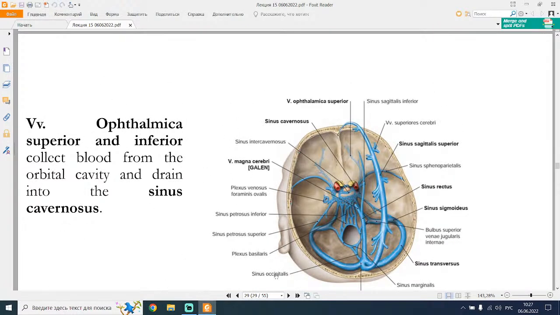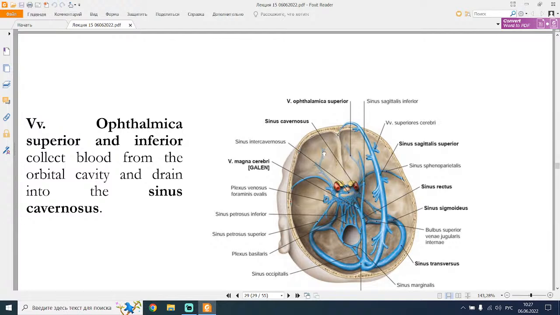The vena ophthalmica superior and inferior collect blood from the orbital cavity and drain into the sinus cavernosus.